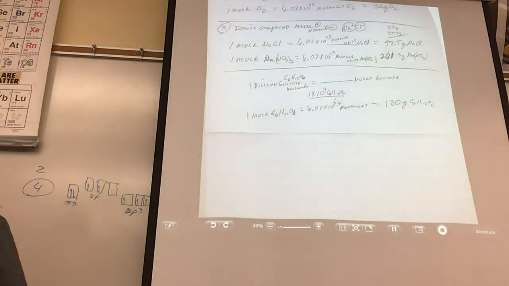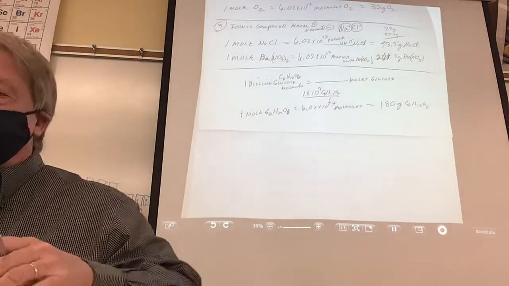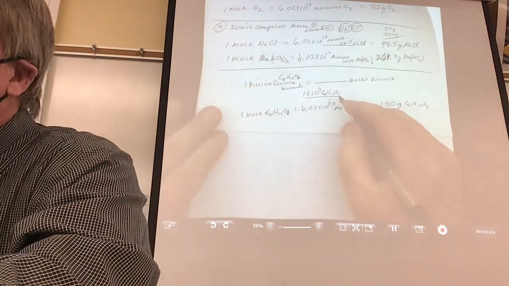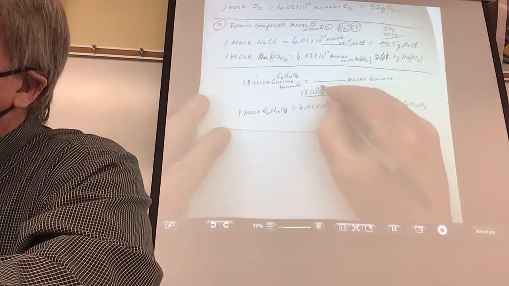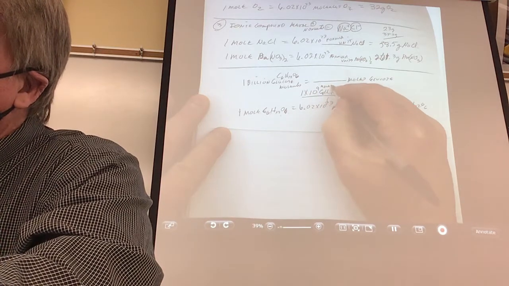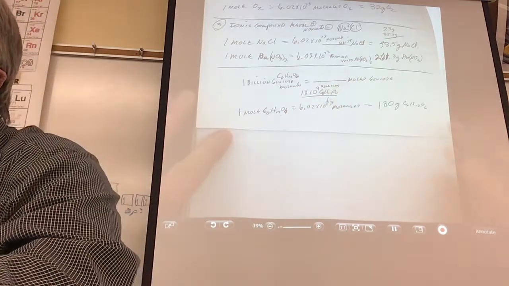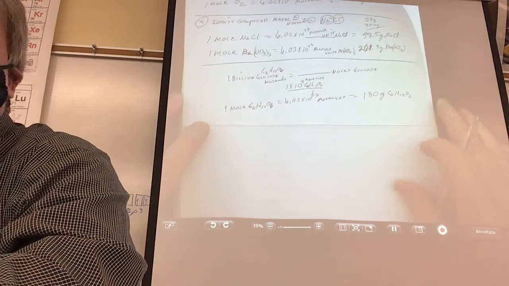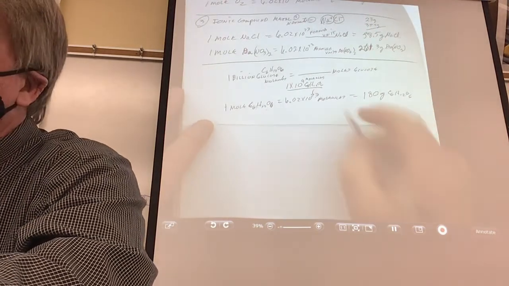Okay, so anyway, if you write down the given, and by the way, this is molecules. I got interrupted, sorry. 1 times 10 to the 9th molecules of glucose.